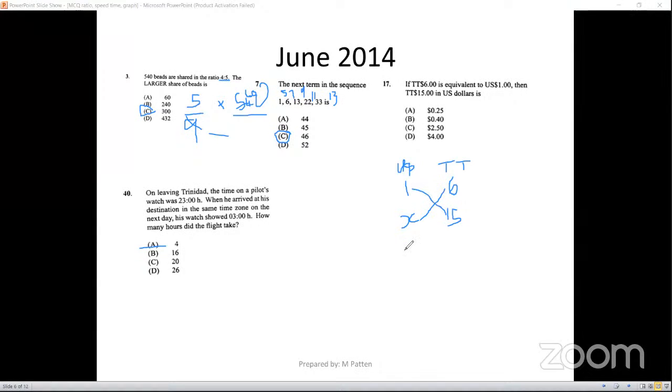It's going to be 6 times X, 6X, and 15 times 1, 15. Then to get X, we divide both sides by 6. And 6 into 15 goes 2 times. So we don't have to go any further. There's only one answer with 2. That's $2.50.